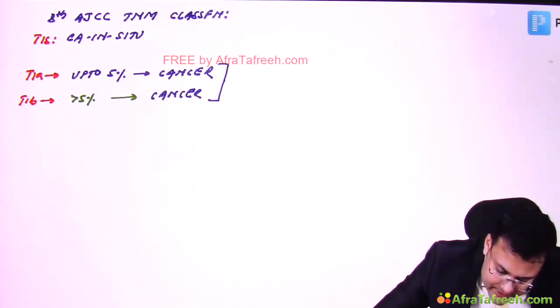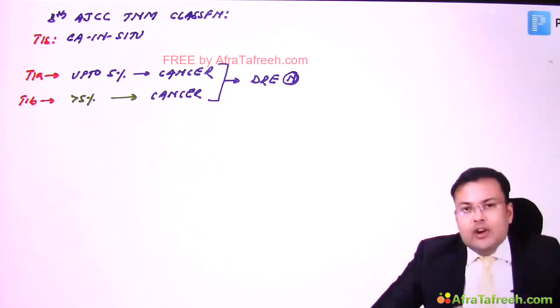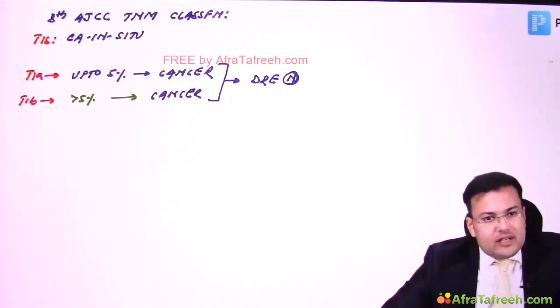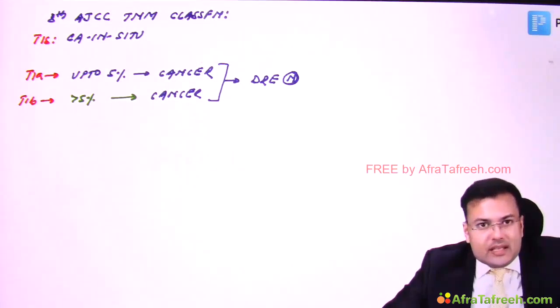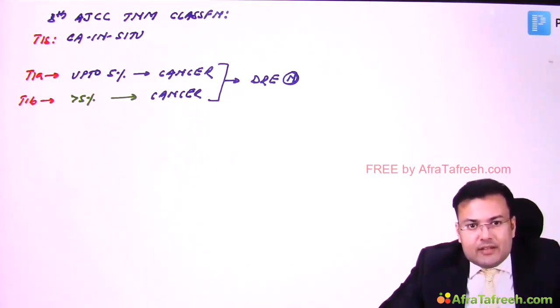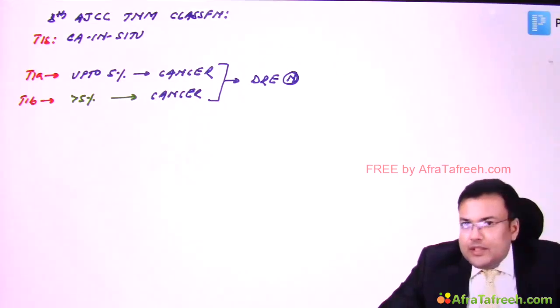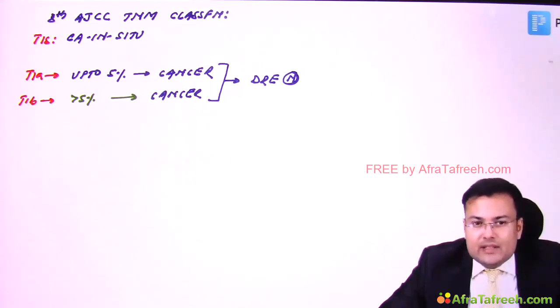And in these patients, digital rectal examination is normal. So despite a normal digital rectal examination, if up to 5% of tissue resected for benign disease has evidence of cancer, it is T1A, and if more than 5% of tissue has evidence of cancer, that is T1B.